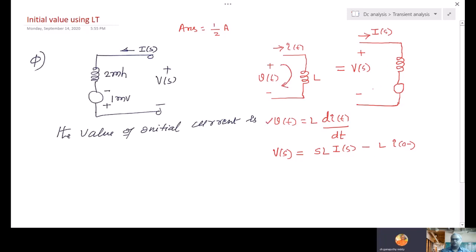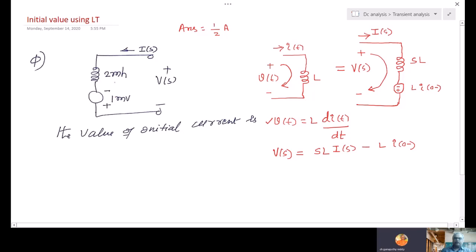Here also we have to write a mesh equation to get this. So V of s is equal to I of s into SL. So this must be S reactance. Then all are in units of voltage. So this must be a voltage source, minus plus because of this minus. But what is its value? L I 0 minus.